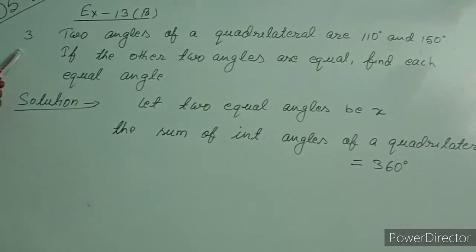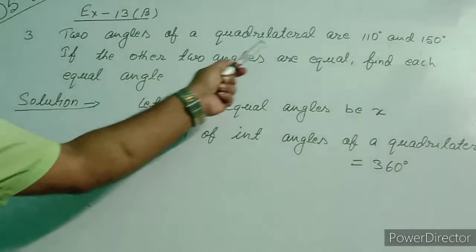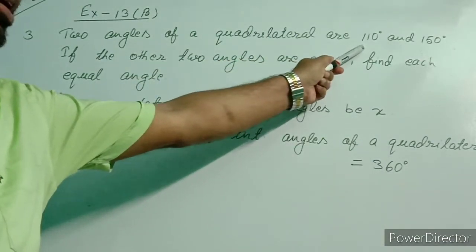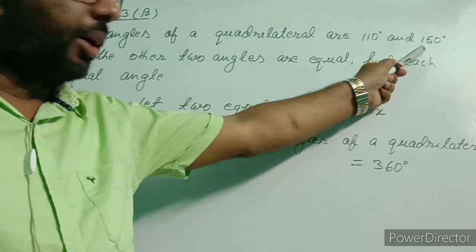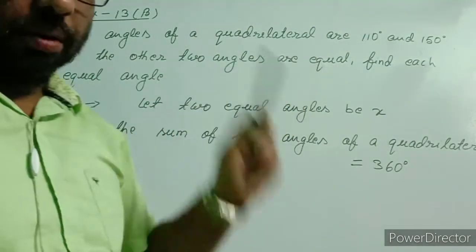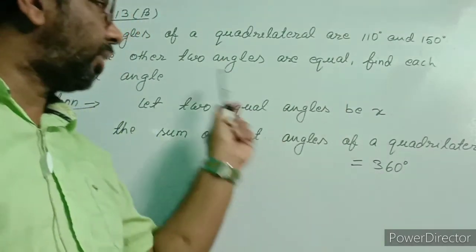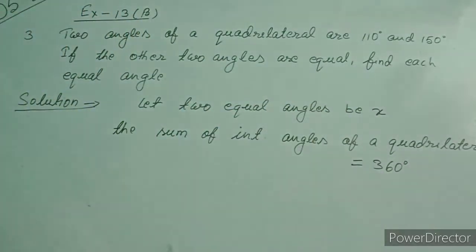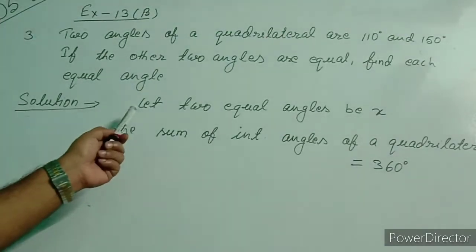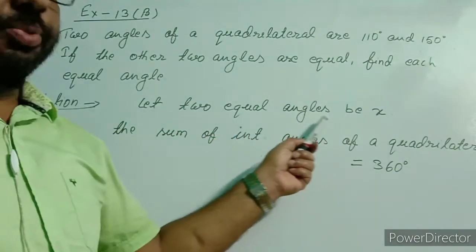In question number 3, the question is two angles of a quadrilateral are 110 degree and 150 degree. If the other two angles are equal, find each equal angle. Two angles are given and the remaining two angles are equal, that is given in the question. So I considered here, let the two equal angles be x.